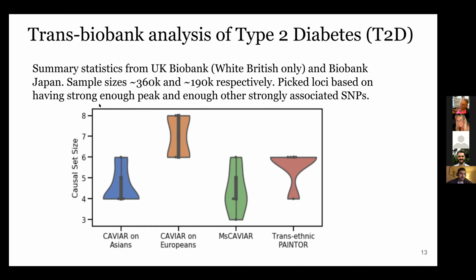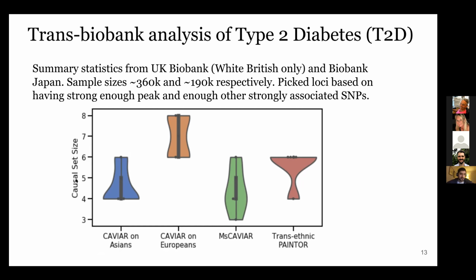And we picked loci based on having a strong enough peak and enough other strongly associated SNPs. If you have one really strongly associated SNP and no other SNPs with even marginal significance, you wouldn't really need to do fine mapping. So we took loci that were realistic for fine mapping in that sense.